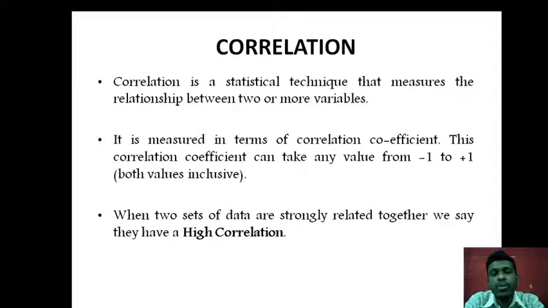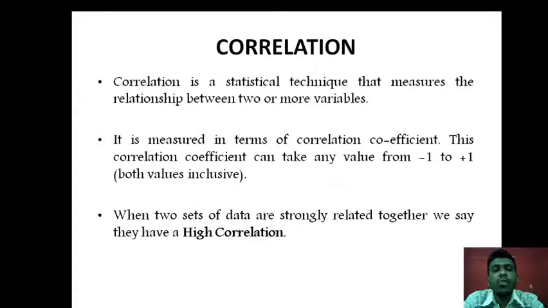Sometimes we may find that two variables are highly related to each other, and sometimes we find that two variables are not that much related. To what extent, or how strong this relationship is between these two variables, can be studied using a coefficient known as coefficient of correlation, or correlation coefficient.